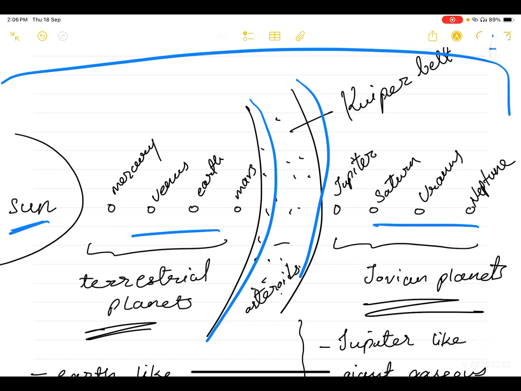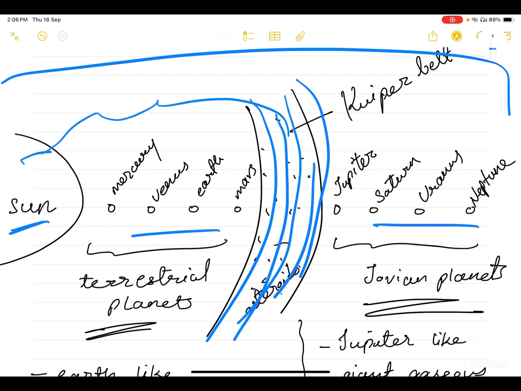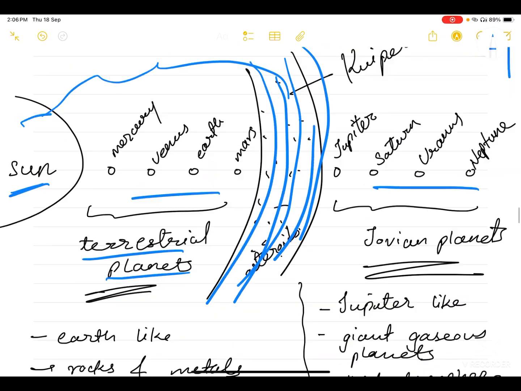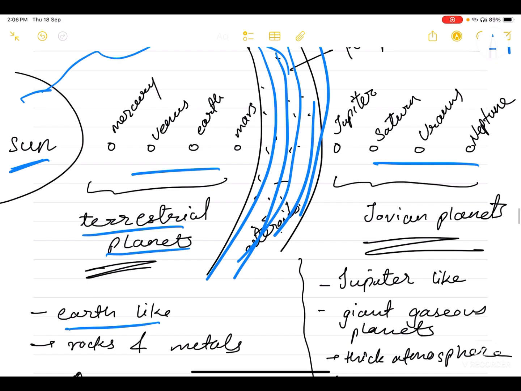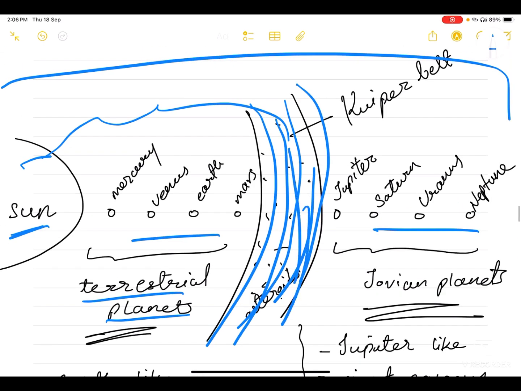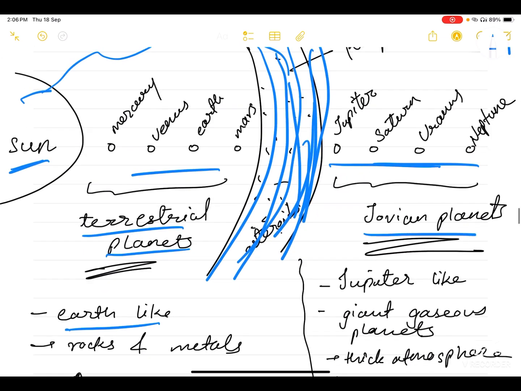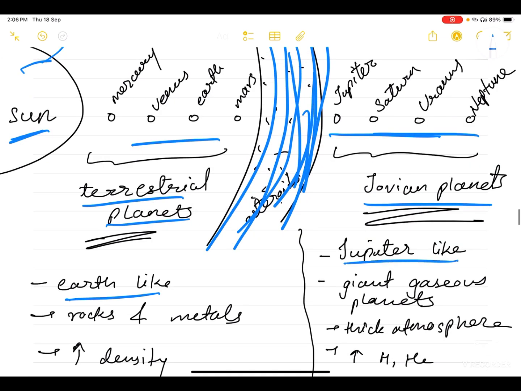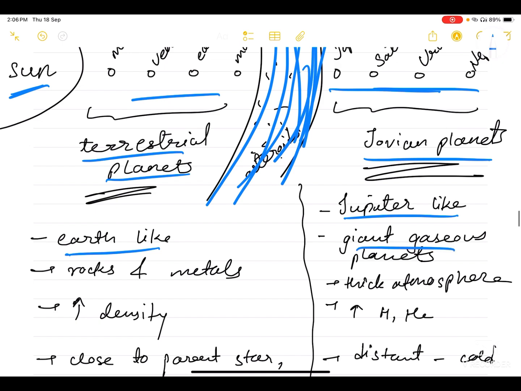The planets between the Sun and the belt of asteroids, also known as the Kuiper belt, are called terrestrial planets. Terrestrial means more Earth-like, and after the belt, there are 4 planets called Jovian planets, meaning Jupiter-like. They are giant gaseous planets.